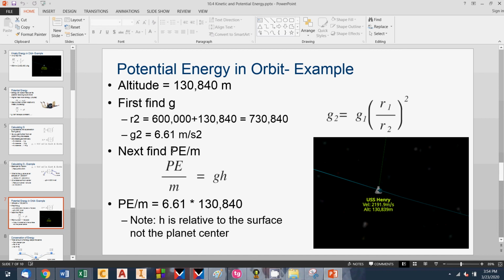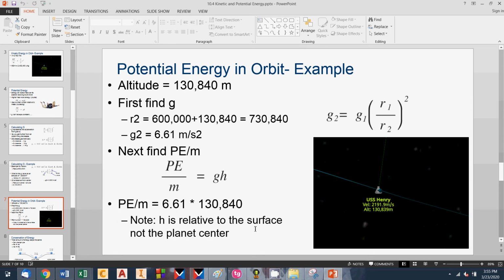Now I want to find my potential energy for each kilogram, so my potential energy per mass of the ship. I need the G value and I need the height. My G value, which we just found, is 6.61. The height, we're measuring potential energy from the surface of the planet now, so my height is 130,840.